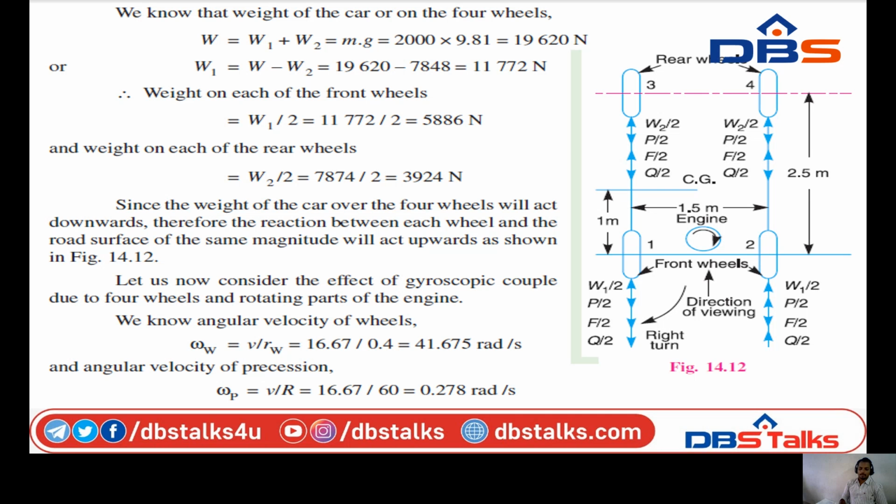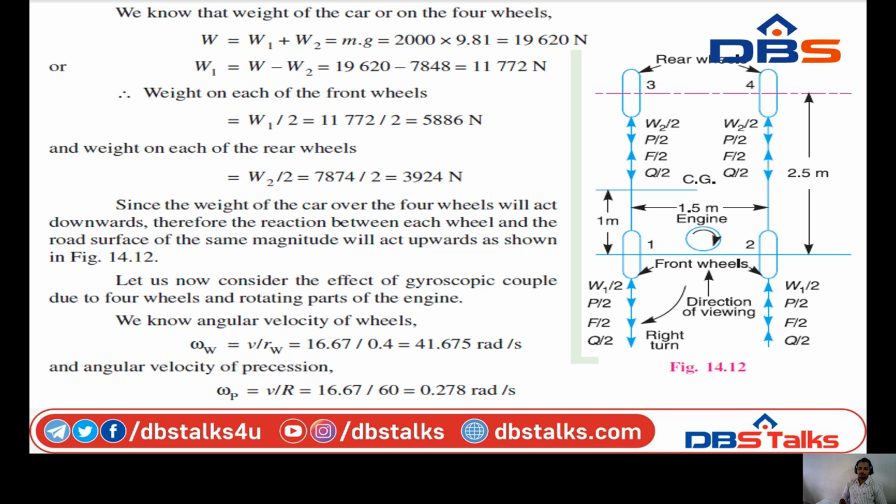So the diagram indicates the downward arrows for the weights and the upward arrows for the reactions of the same magnitude.